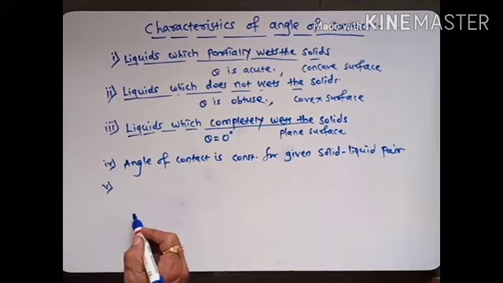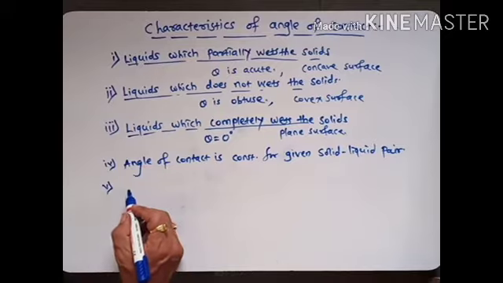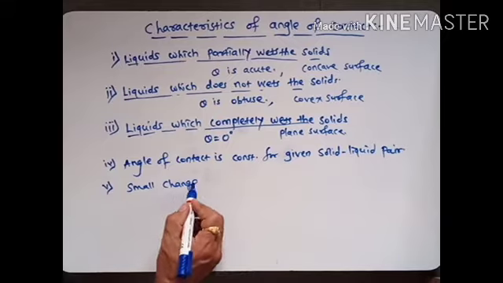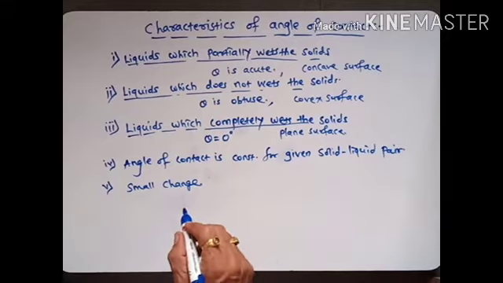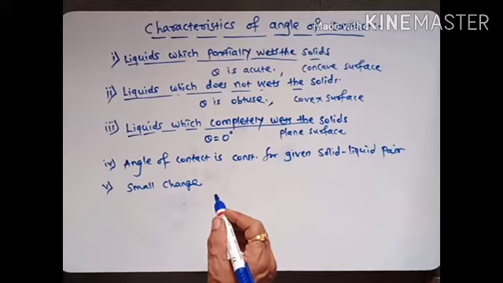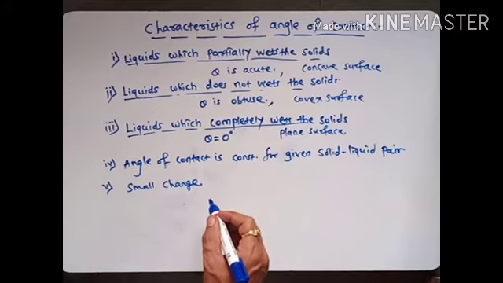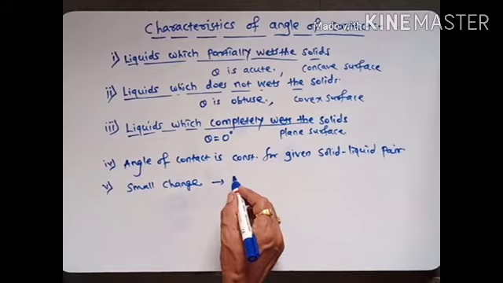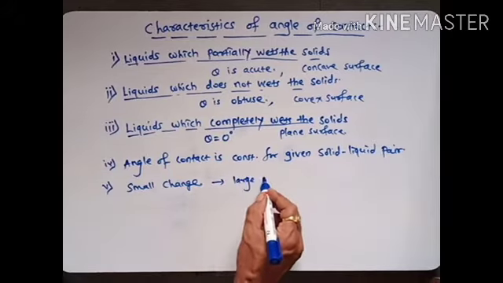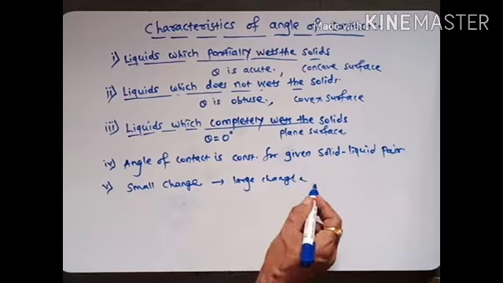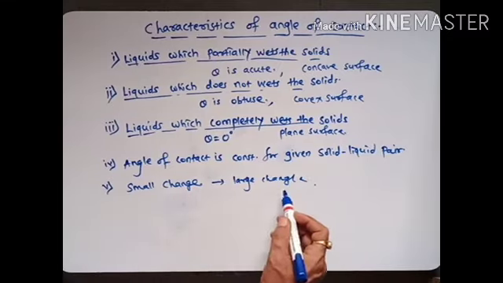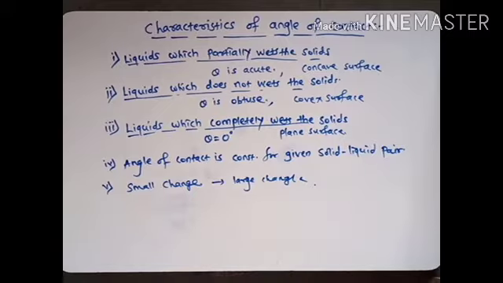And last one, any small change in the solid liquid surface or pair causes a large change in angle of contact. These are the 5 characteristics of the angle of contact.